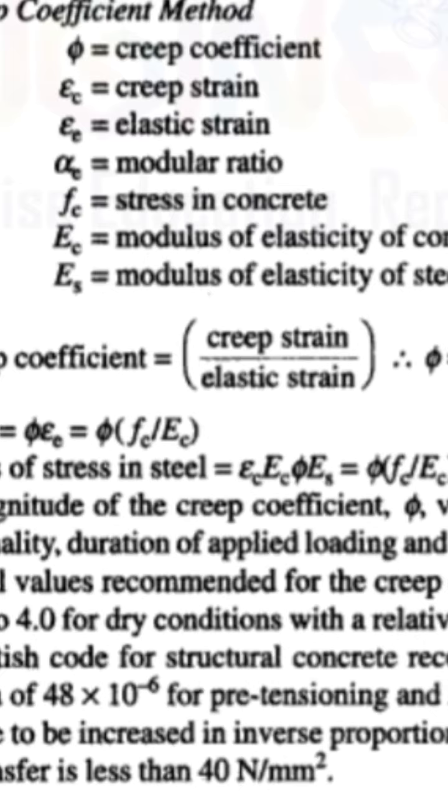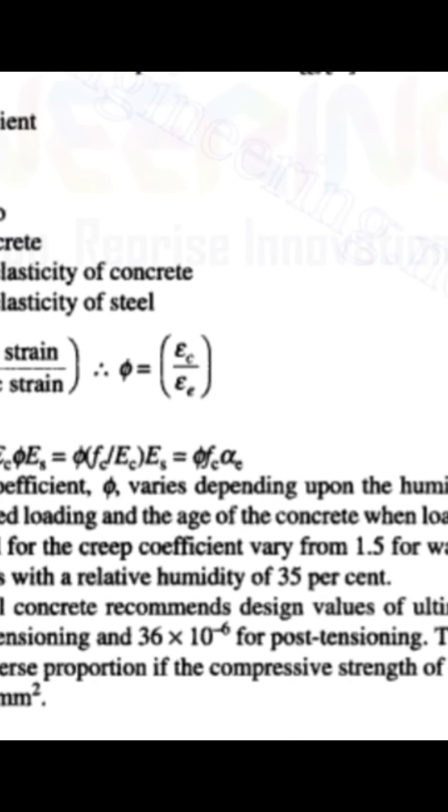To make it very simple, you can go to the final form, which is also equal to phi fc into alpha e. That alpha e is nothing but the modular ratio, Es divided by Ec, that is, stress by Young's modulus. Modular ratio is alpha e. So phi into fc into alpha e, where phi is the creep coefficient, fc is the stress in the concrete, and alpha e is the modular ratio.